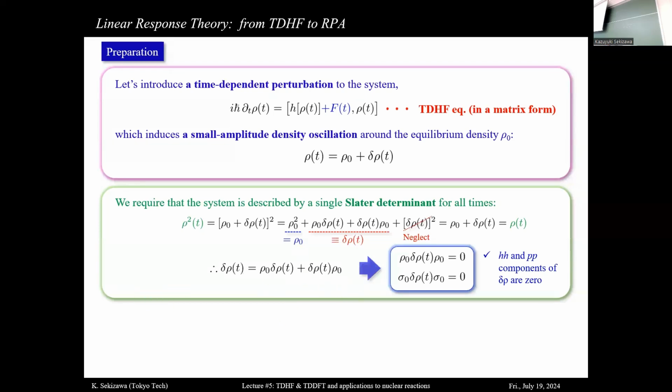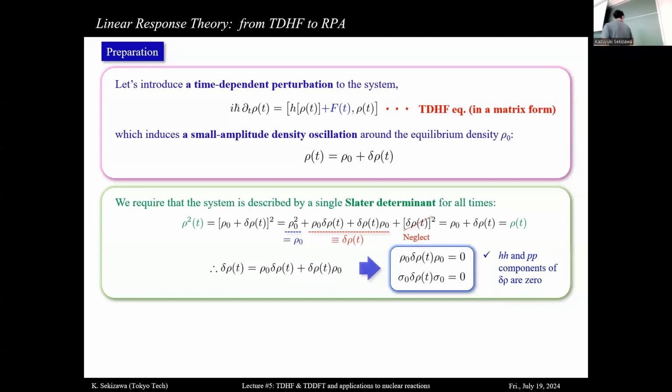To satisfy this equation, rho 0 delta rho rho 0 must be zero. Similarly, if you multiply by sigma 0, using the properties of the projection operator, sigma 0 delta rho sigma 0 becomes zero. So the hole-hole and particle-particle components of delta rho must be zero.